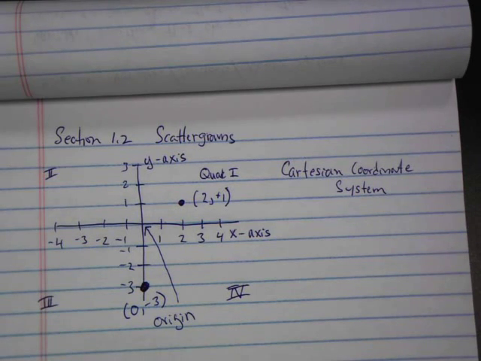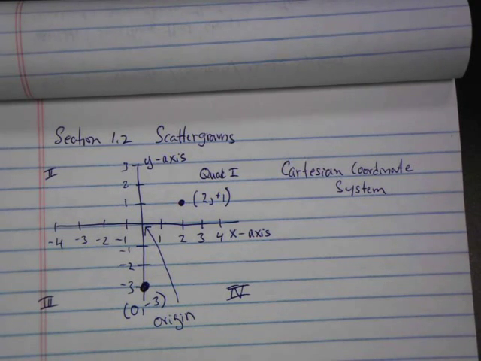How about if I asked you to graph the point negative 4, negative 2? Where would the point negative 4, negative 2 be? Third quadrant. It's the third quadrant.